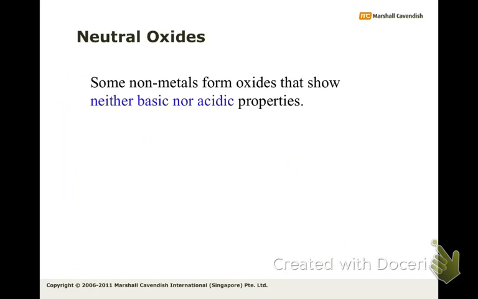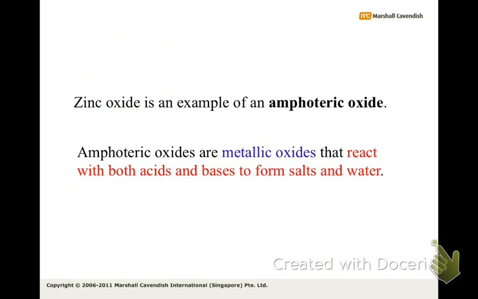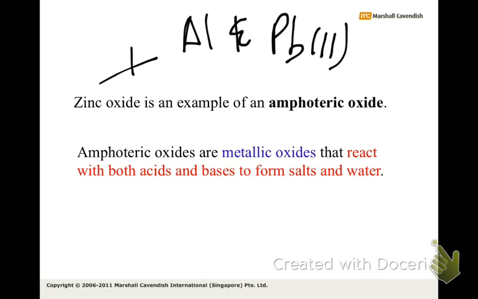So what are the other amphoteric oxides? I think you all should remember this. The other ones are aluminium and lead 2 oxides.